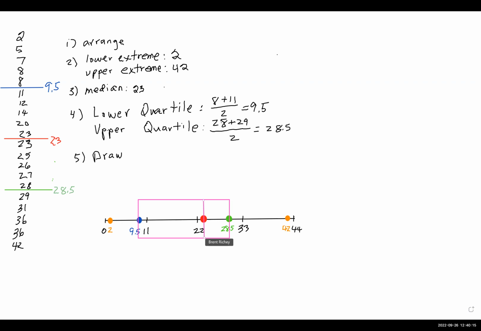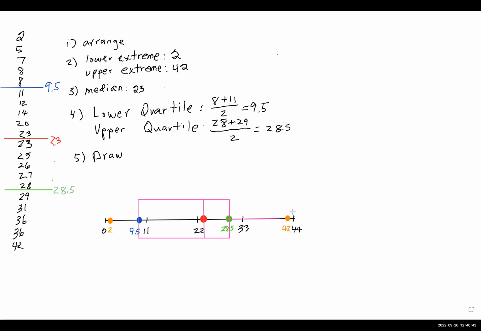And then finally, our whiskers. Go from the upper quartile out to the maximum value, and then the other side. Like that.